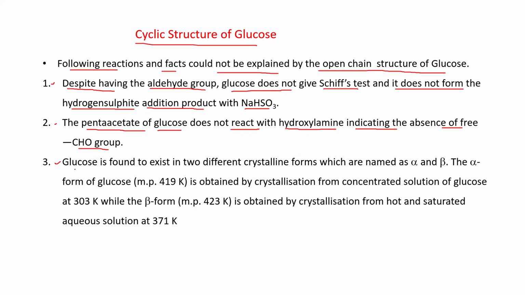Third, glucose is found to exist in two different crystalline forms, which are named alpha and beta.